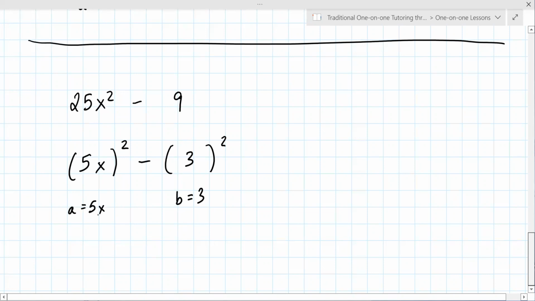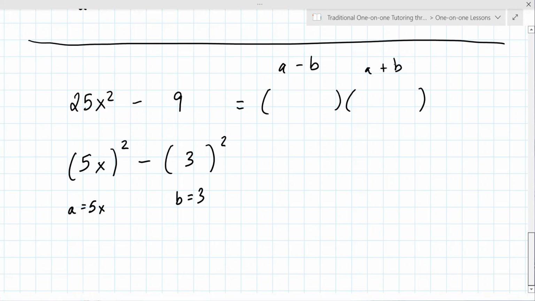Notice your A and your B are what are in parentheses, because when you expand this, it's still (A minus B)(A plus B), but A and B take on different meanings depending on whether they're just numbers or just letters or both. So A is 5x, B is 3.